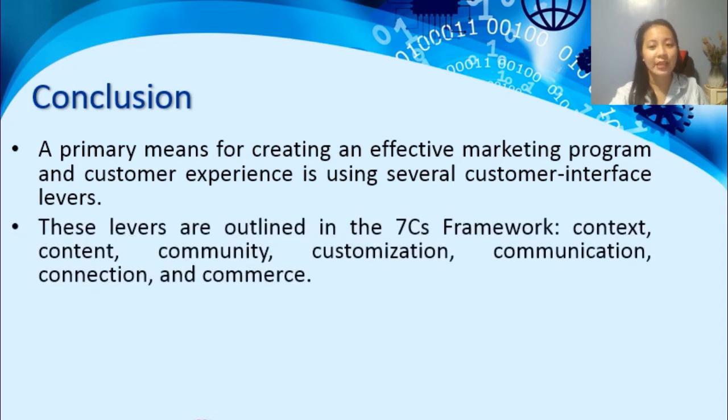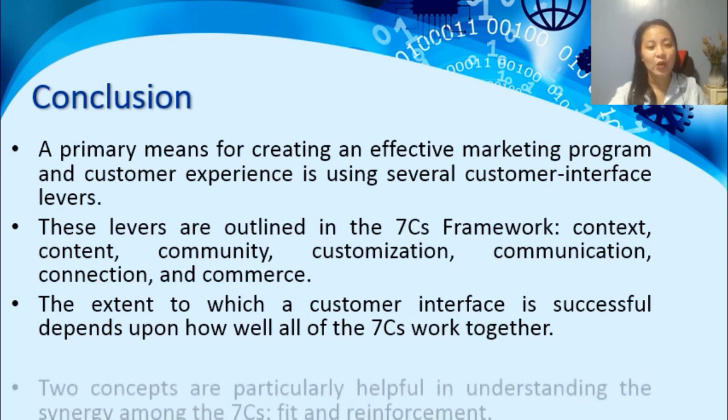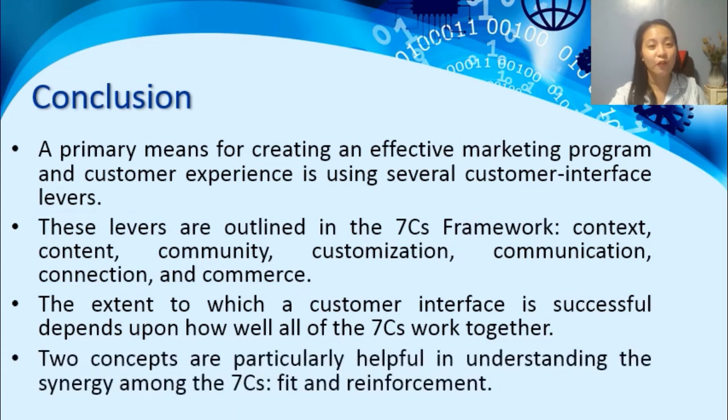So you're going to use the 7 C's as your framework, such as context, content, community, customization, communication, connection, and commerce. So don't forget, the extent to which a customer interface is successful depends upon how well all of the 7 C's work together. Remember the 2 words, fit and reinforcement.